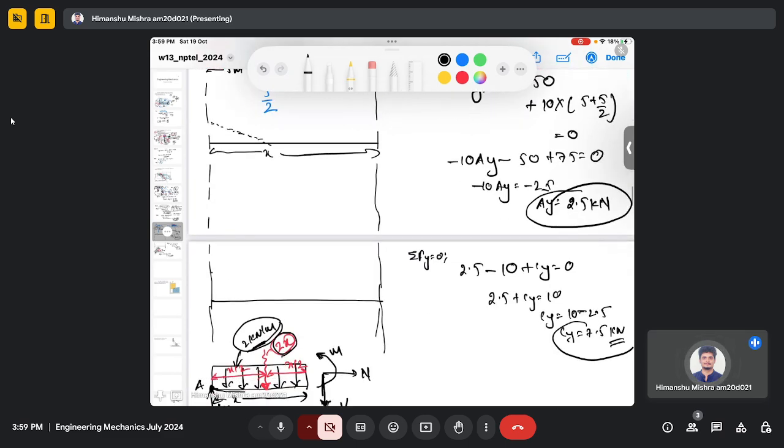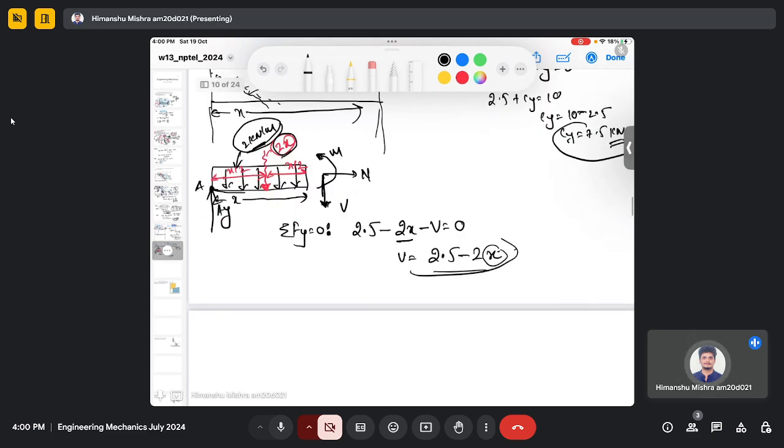Similarly, you can get different values of M by varying x, and then easily plot the bending moment as you vary x. Similarly for the shear force diagram. So this is the advantage of writing the shear force and bending moment equations in terms of x. We have written down the shear force equation in terms of x.